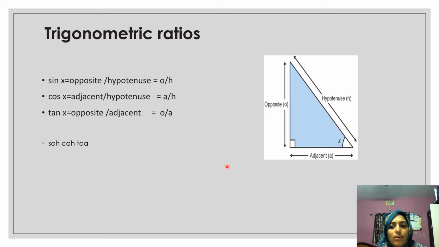And I will tell you a useful way to remember these ratios: so, ka, to. So means sine is the opposite by hypotenuse, ka means cosine is the adjacent by hypotenuse, and to means tangent is the opposite by adjacent side.